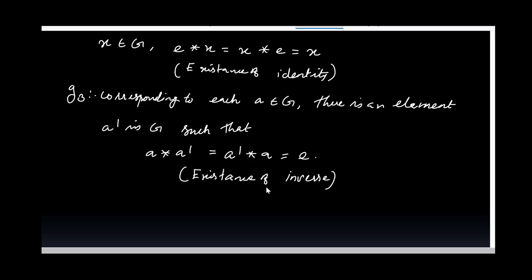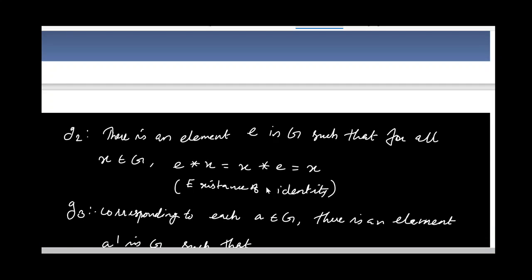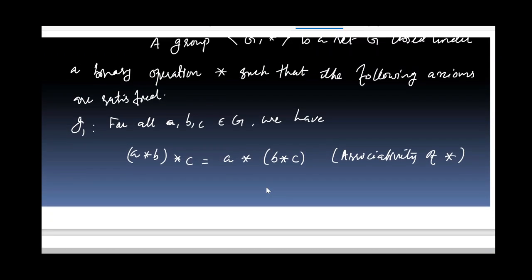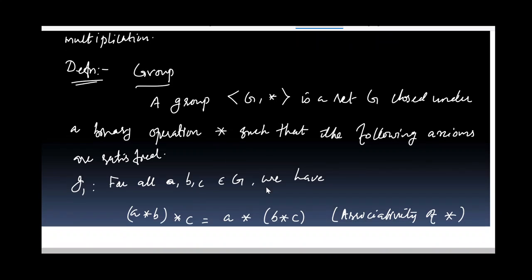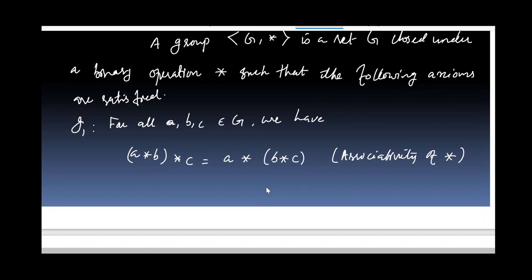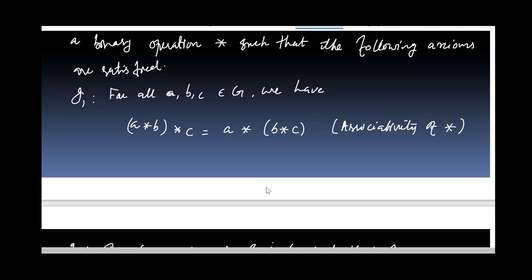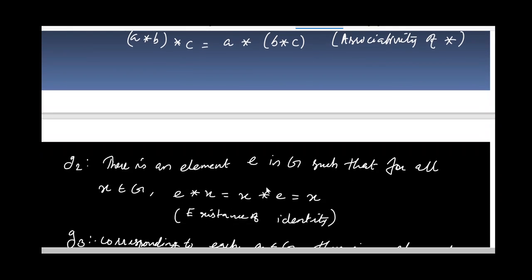So these are the axioms that a structure (G, star) should satisfy. Then we will say that structure to be a group. The first axiom is associativity, that is (A star B) star C should be equal to A star (B star C).